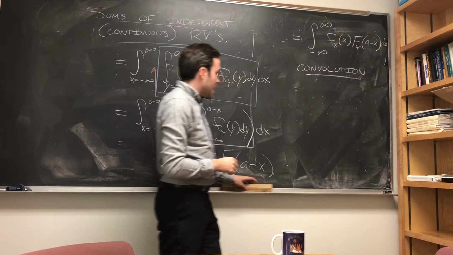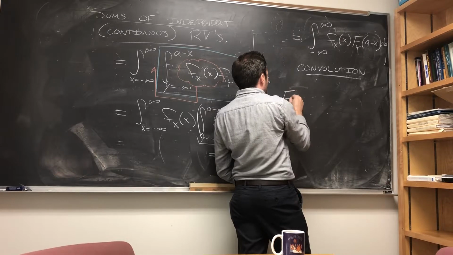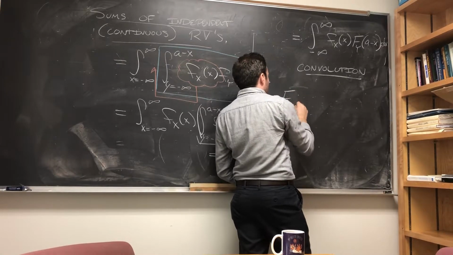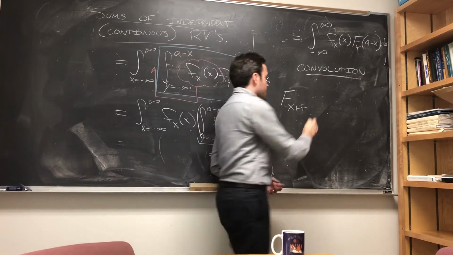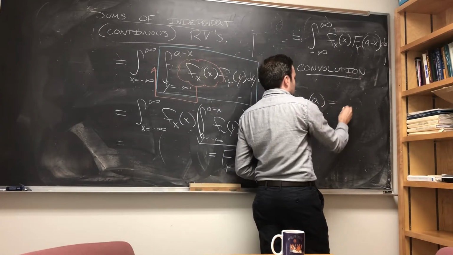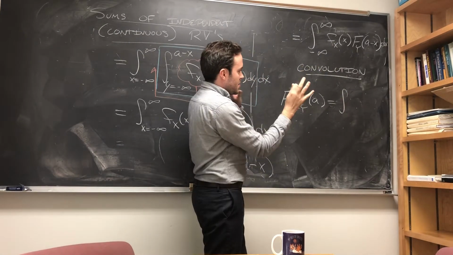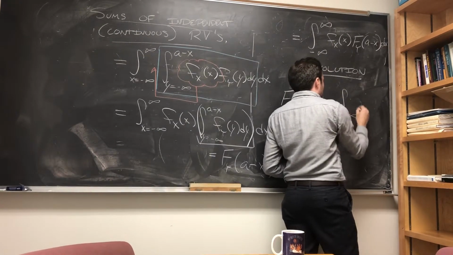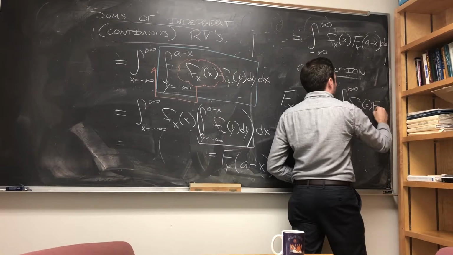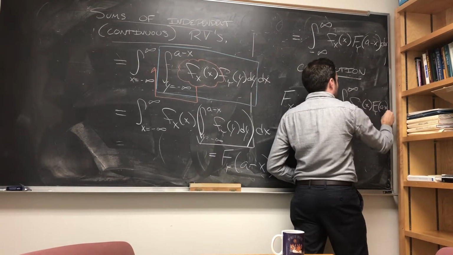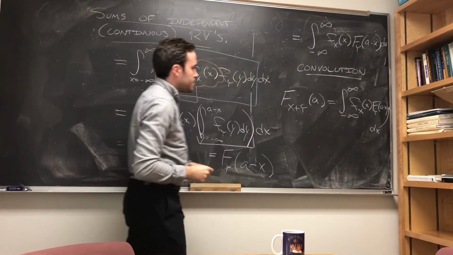But the idea here is that we have the following fact. We know that the CDF, the cumulative distribution function for the sum of x and y, evaluated at a, is going to be equal to, by all of this work we just did, cutting out all the middle parts of the calculation and just jumping to the punchline, equal to this, and there's a dx tagged on at the end of that.